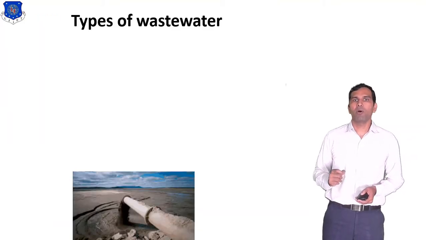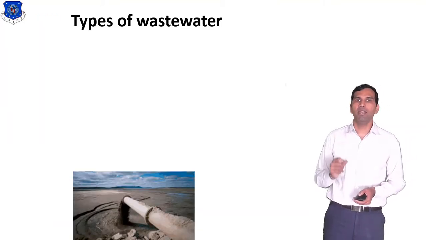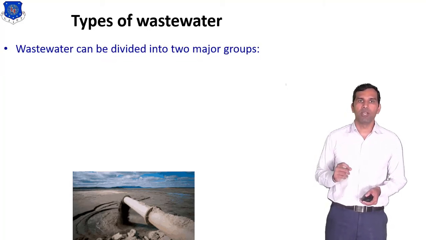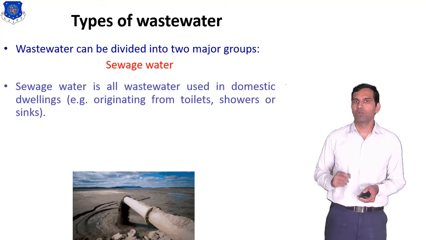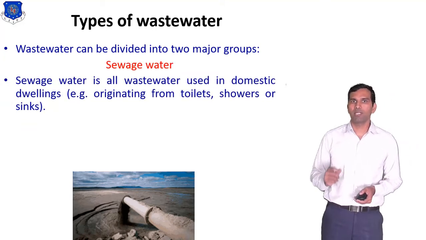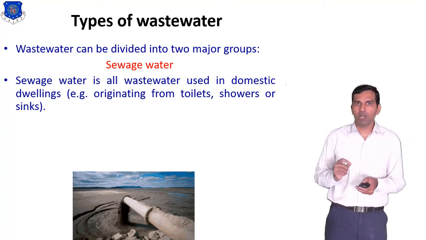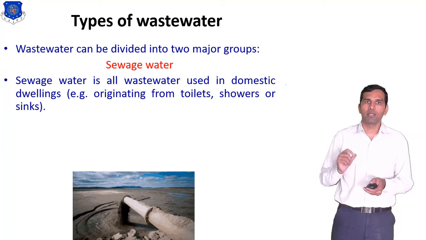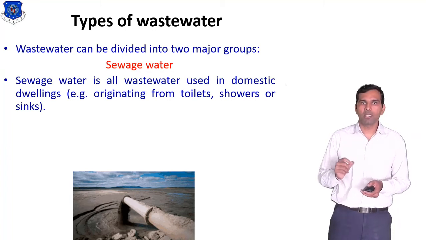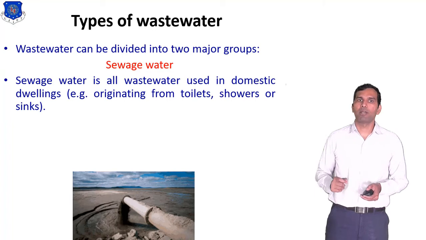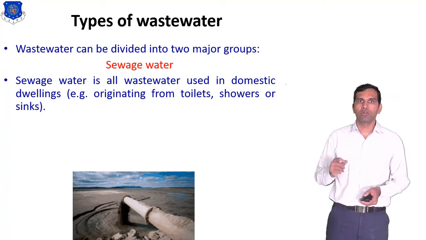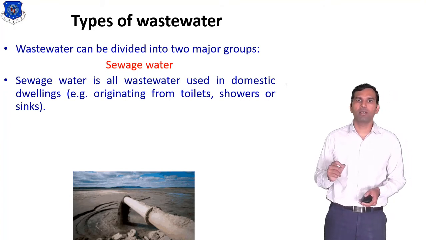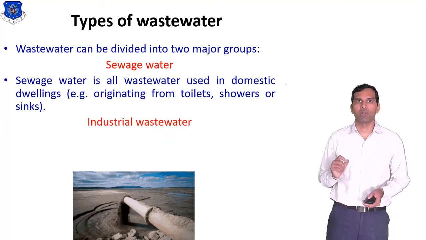Now, the types of wastewater. Mainly wastewater can be divided into two major groups. The first one is sewage water, which is all wastewater used in domestic dwellings, originating from toilets, showers or sinks. The second type is industrial wastewater.